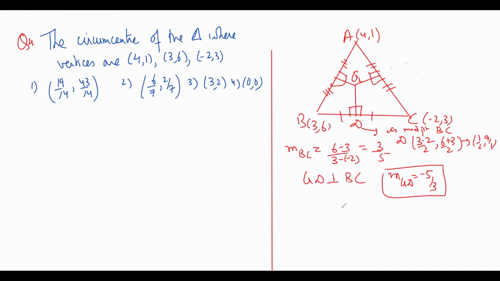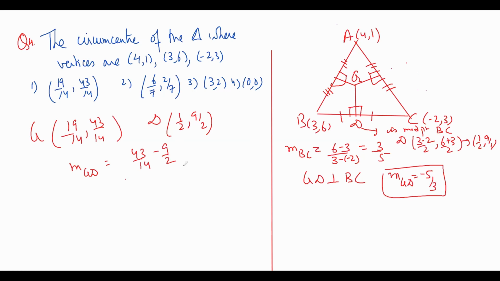So now I'm going to check the slope. I have taken the first option as G, and now I am checking the slope with point D. This is my G, and D is here, 1 by 2, comma 9 by 2. The slope of GD is y2 minus y1 upon x2 minus x1.